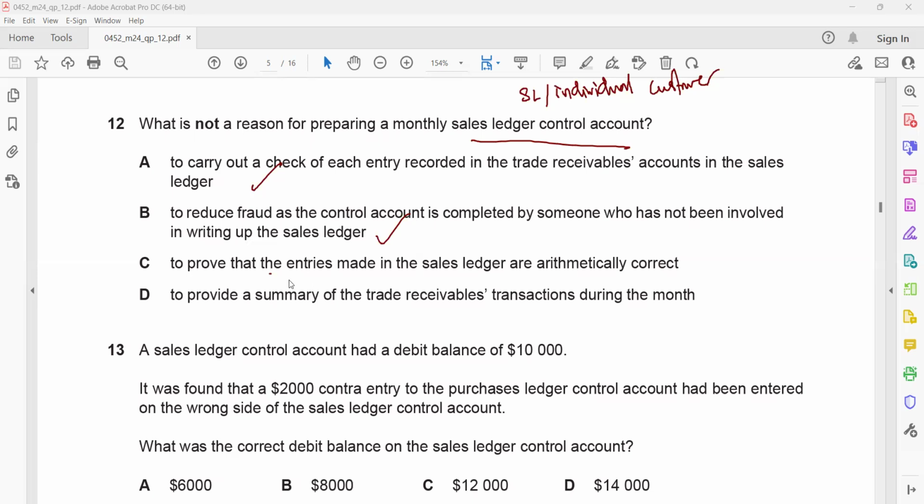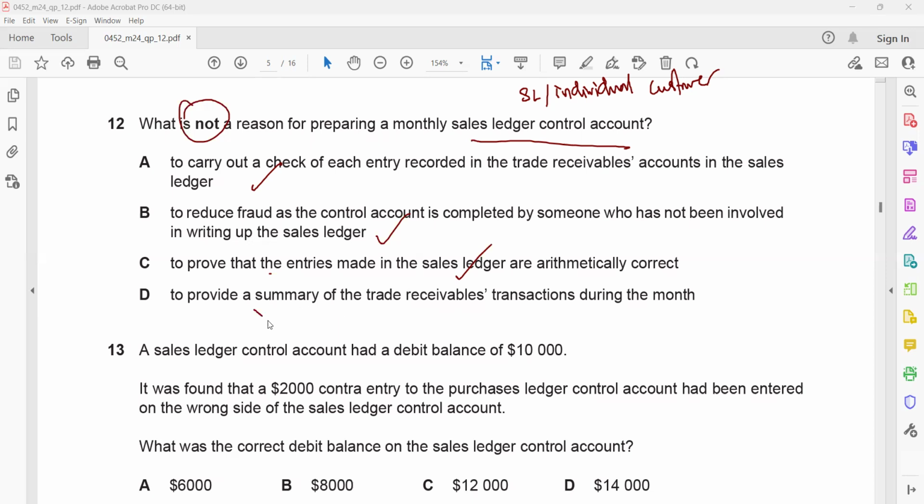So let me check. What is not a reason for preparing? To prove the entries made in the sales ledger. Okay, this one, to check the sales ledger, correct. To provide a summary of the trade receivables.